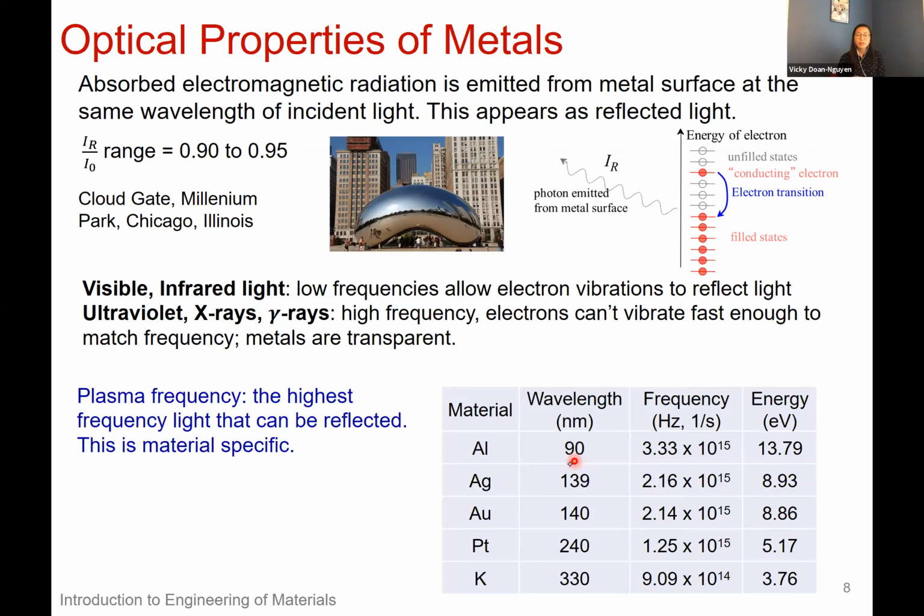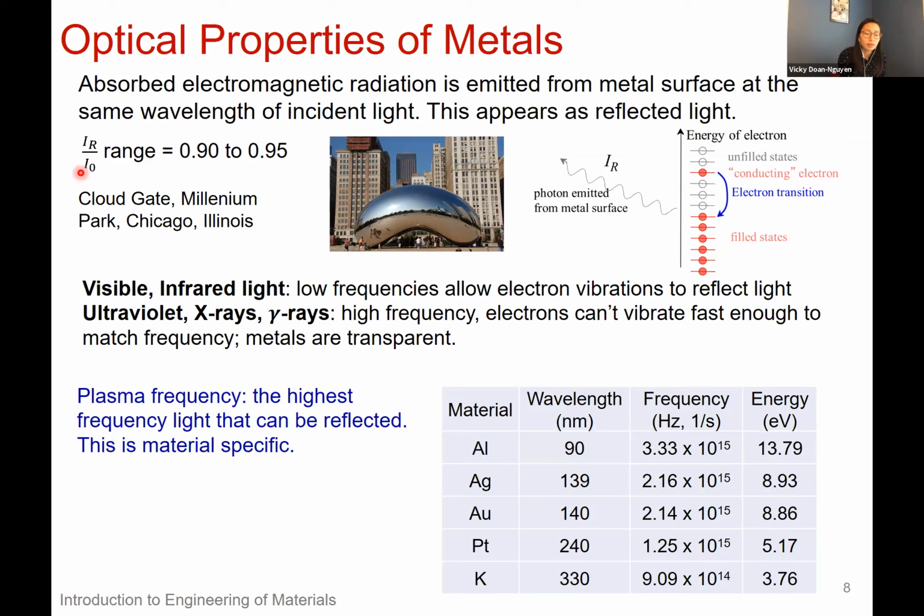Obviously the typical materials we deal with are not as thin, but once you get into the nano regime, you really have to consider the different optical properties of thin films and nanostructured materials, which of course is slightly beyond the scope of this intro class. But for the most part, if it's a bulk material, particularly metals, it'll be absorbed and then reflected back under this mechanism that you see here.